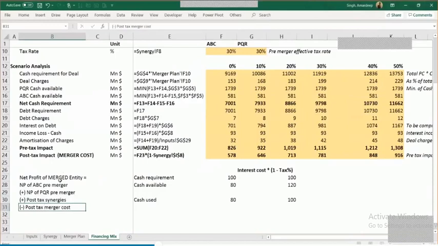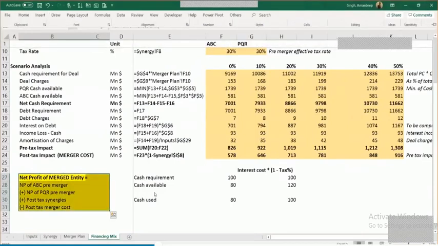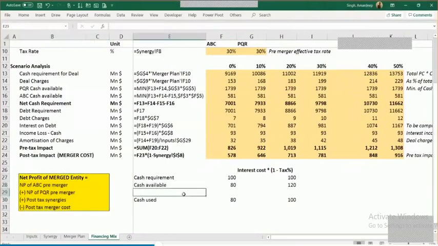This is how we are going to compute the net profit of the merged entity. This is what we're going to do as the next step now, that we will take the net profit of the companies before the merger, add the synergy component, subtract the merger cost to be able to find out what is going to be the net profit of the combined entity after this merger has been done.